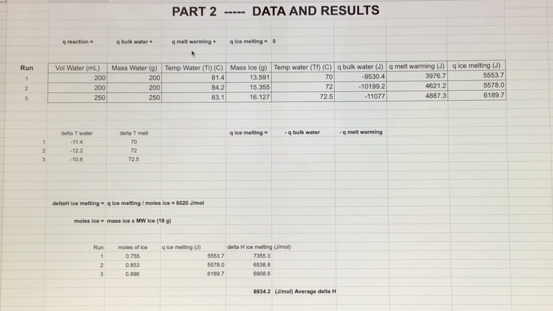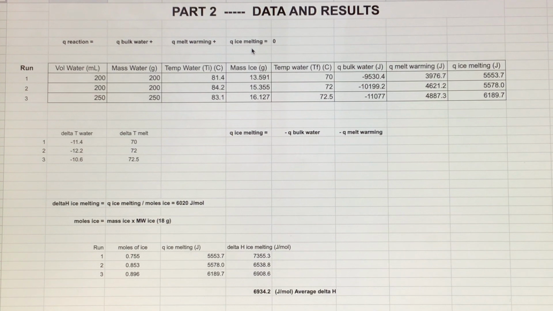And then I have my Q ice melting, which is the heat absorbed by the ice cube in order for it to melt. And then I have my Q melt warming, which is exactly the warming of the melted ice.